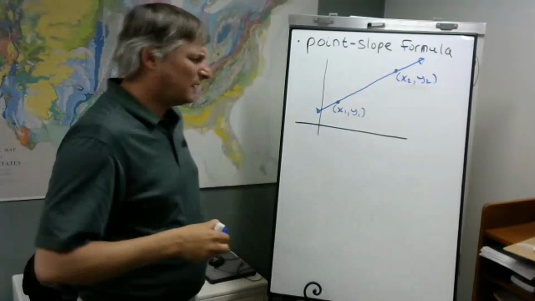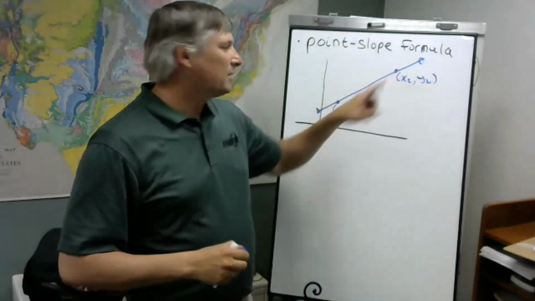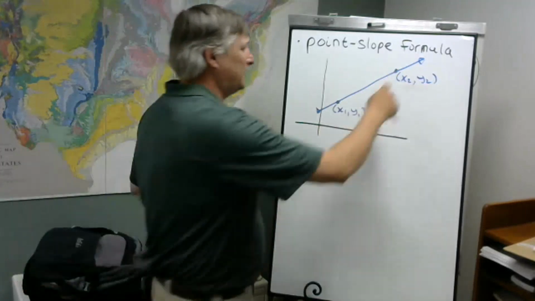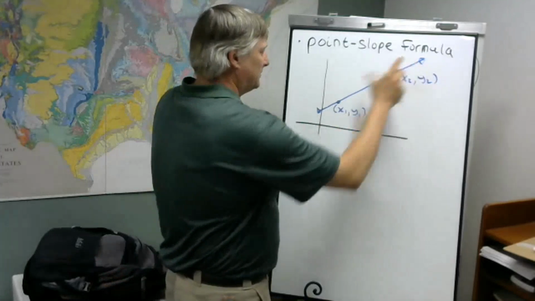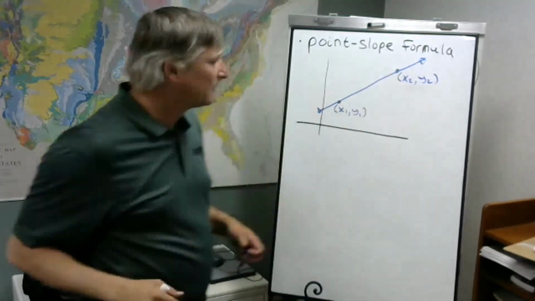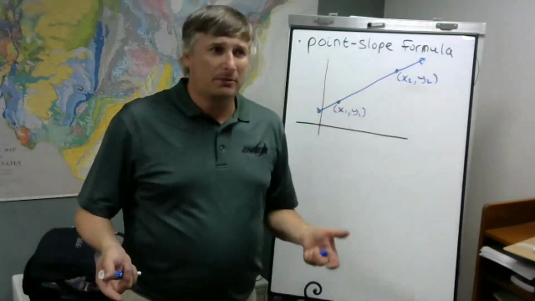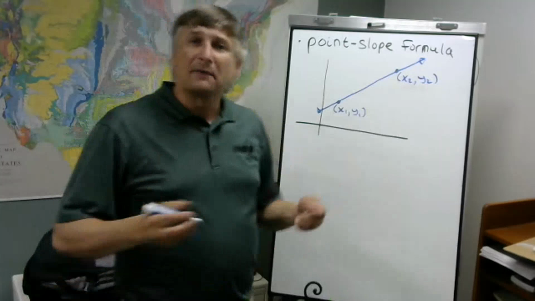So again, the idea of a line, the slope between any 2 points on this line is going to be the same if we computed the slope between, say, a point here and a point here on the line. The slope here is the same as the slope here. So if we find the slope between these 2 points, we've found the slope all along this line. Well, what is that slope?